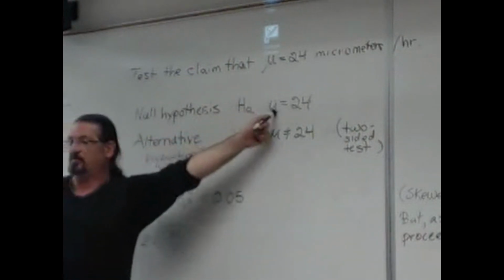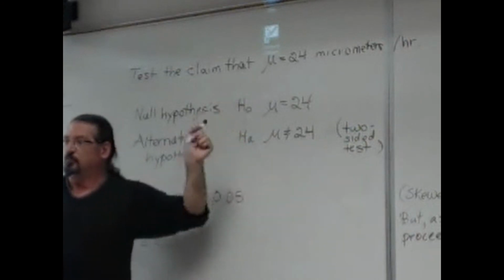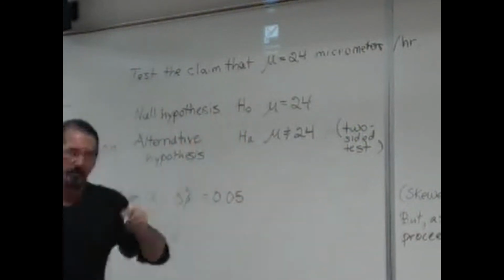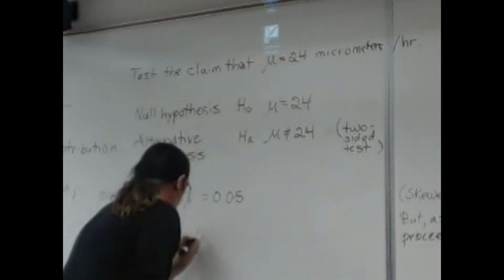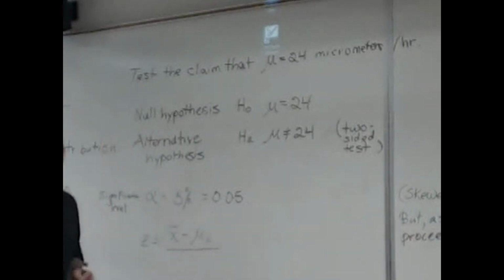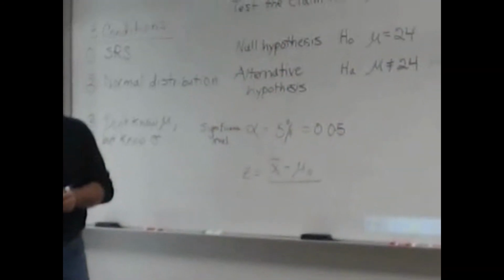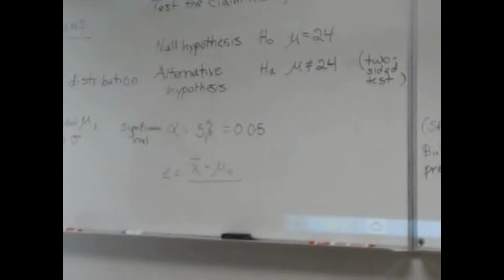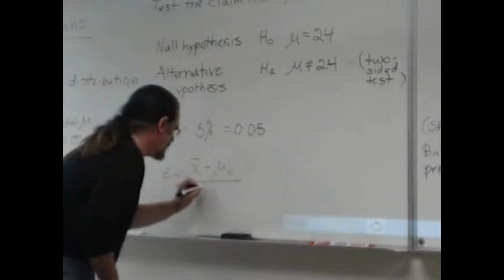Actually, the mu that's in the null hypothesis. So sometimes we're going to write mu naught there, over sigma divided by the square root of n again. Okay?